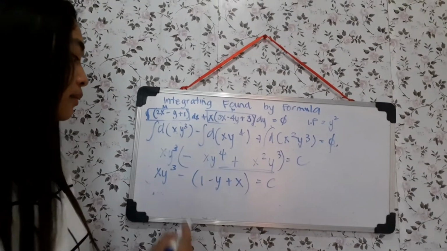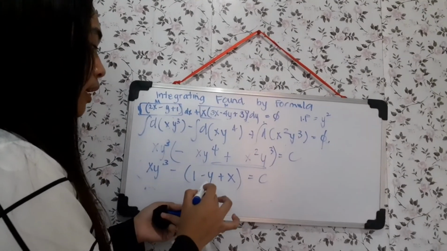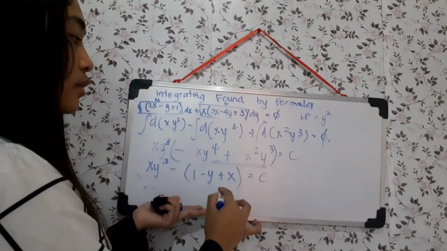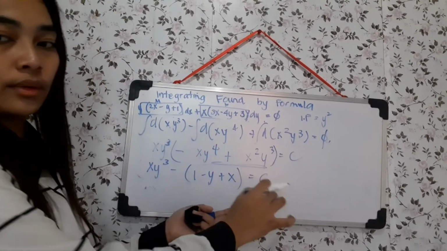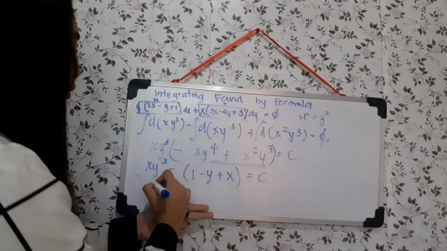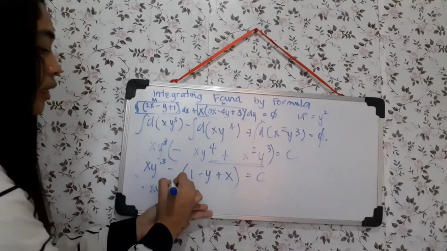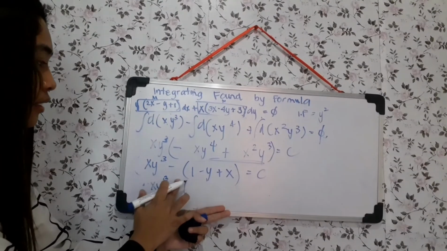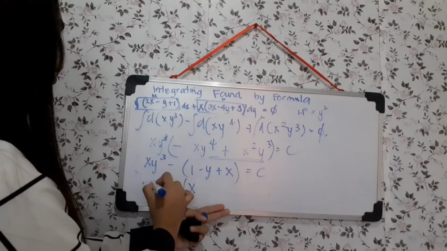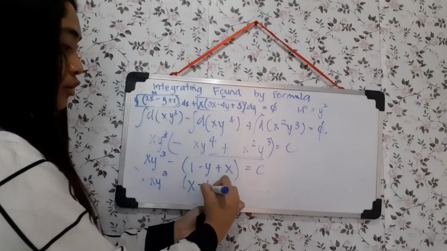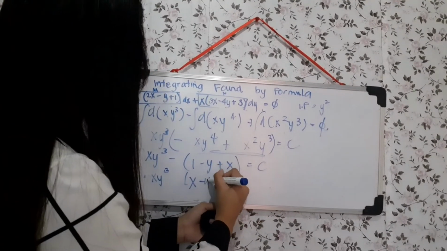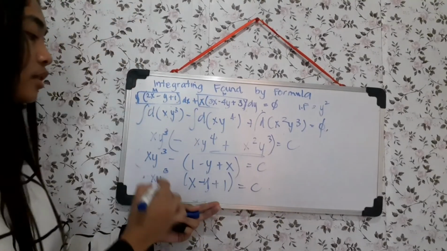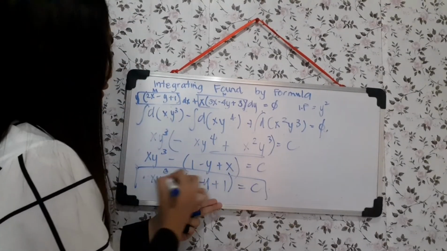So it becomes xy cubed times (x minus 1 minus y, because y to the fourth minus y cubed is y, plus x) is equal to c. So this is the final answer.